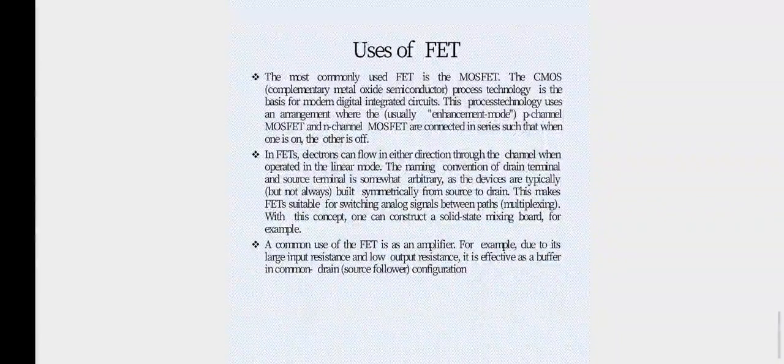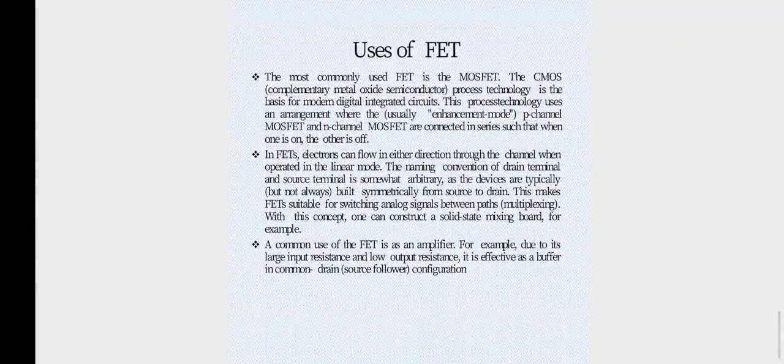In FET, the electron can flow in either direction through the channel when operated in the linear mode. The naming convention of the drain terminal and source terminal is somewhat arbitrary, as the devices are typically built symmetrically from source to drain. This makes FET suitable for switching analog signals between paths.